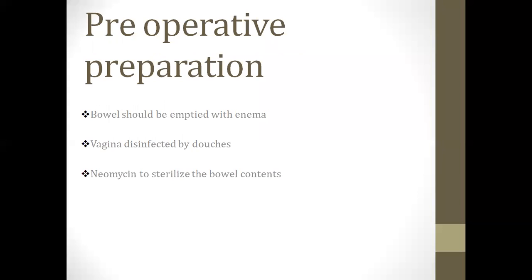Pre-operative preparation: bowel should be emptied with enema and vagina disinfected by antiseptic douches, and neomycin to sterilize the bowel contents. Whenever we repair the bowel, it must be sterilized initially with neomycin, sulfaguanidine, or similar tablets given orally.